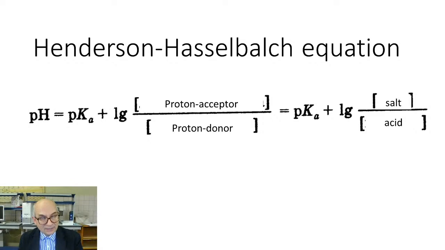And the second contribution is the logarithm of the ratio. The equilibrium concentration of the proton acceptor, it means the buffer base, is divided by the equilibrium concentration of the proton donor, it means the buffer acid.